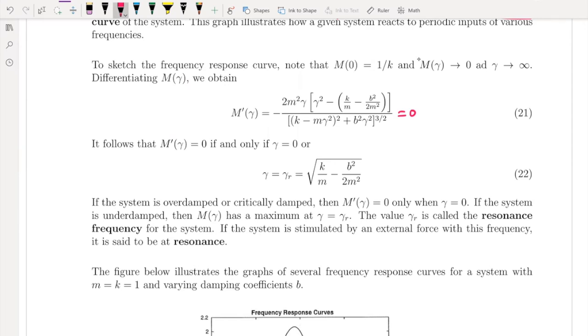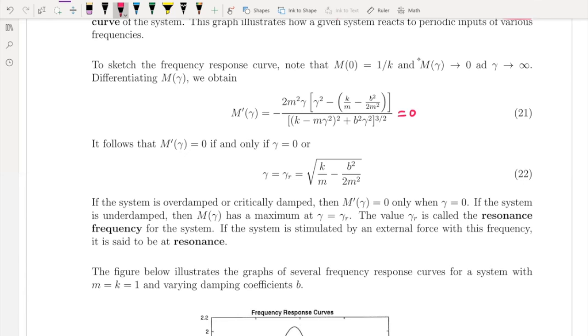Which means there are no other local extrema, or we can say there's no oscillation, there's no vibration, and that's what we are talking about. So in the overdamped or critically damped case, there's no maximum, which means there's only one critical value, which is gamma equals 0.